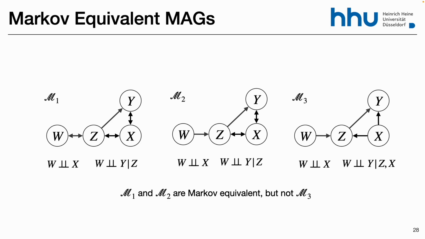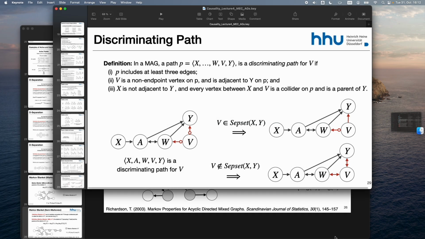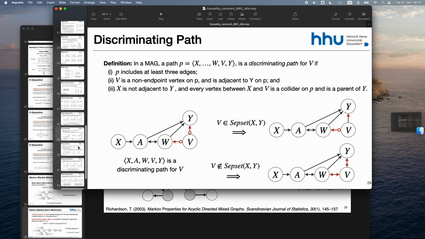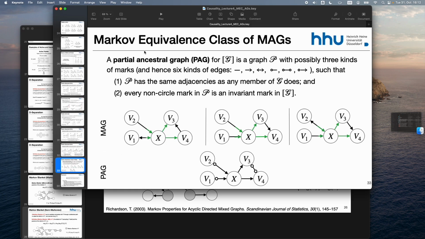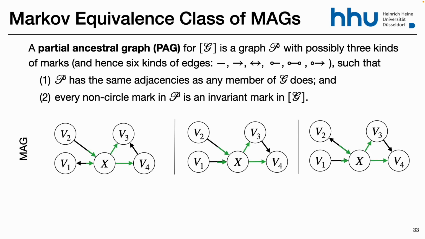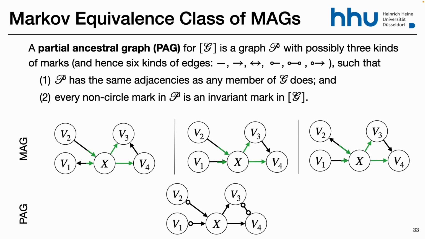Let's see if I have a picture of a PAG, this one here. We are going to define next time what a PAG is, which is the class that represents all the MAGs in the same equivalence class. So we are going to see this object in the end.